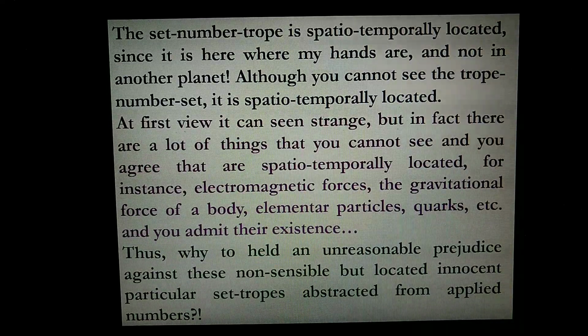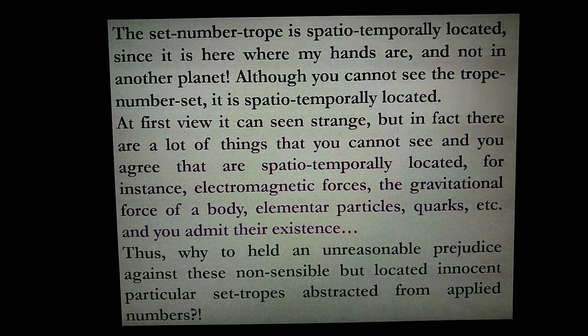The set number trope is spatial temporally located, since it is here where my hands are and not on another planet. Although you can't see the trope number set, it is spatial temporally located, rarefied, and not a quality thing, but a thing that is there in space and time.